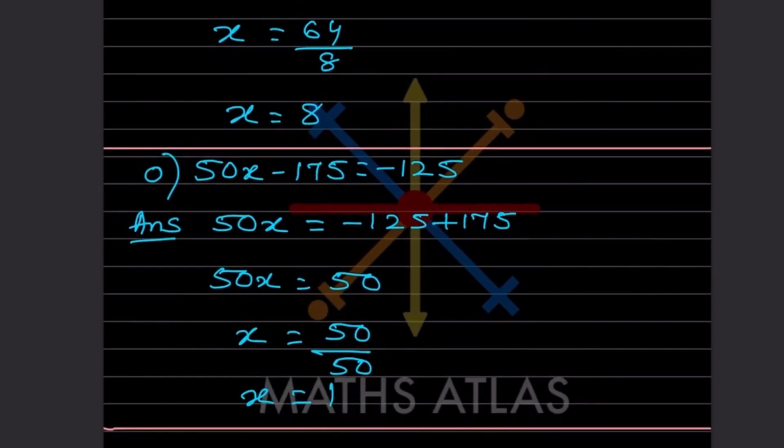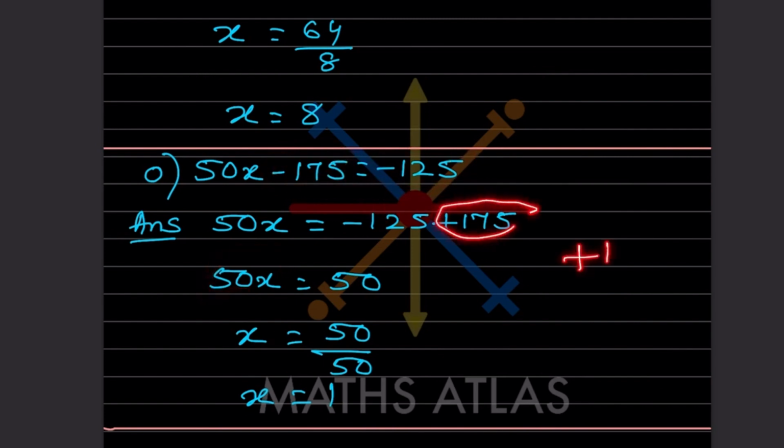Now look at here, 50x minus 175 is minus 125. So 50x, I'll keep it on the left hand side, and this is already on the right hand side, and when this goes on the right hand side, this minus is going to be plus. So now 50x, now look at here, which is the bigger number? 175, right?